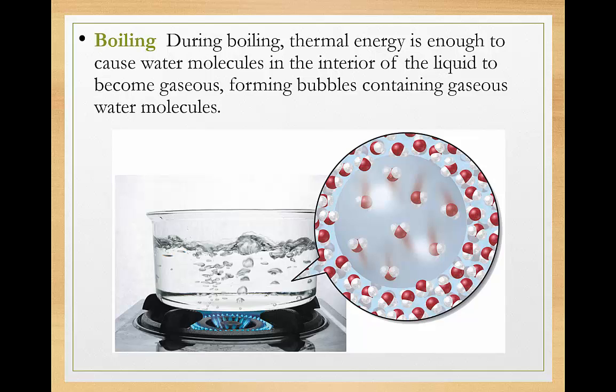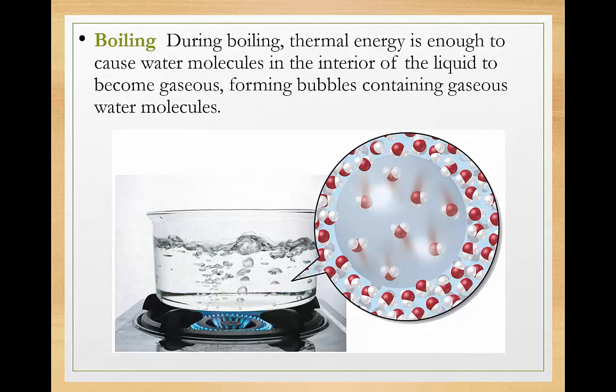Now, if we look at boiling, what happens when we boil a liquid? Well, during boiling, we're pouring thermal energy into that water until eventually we have enough thermal energy to make the water molecules on the inside of the liquid, so it's not just the ones from the surface, the ones in the center, gain enough energy to become gaseous.